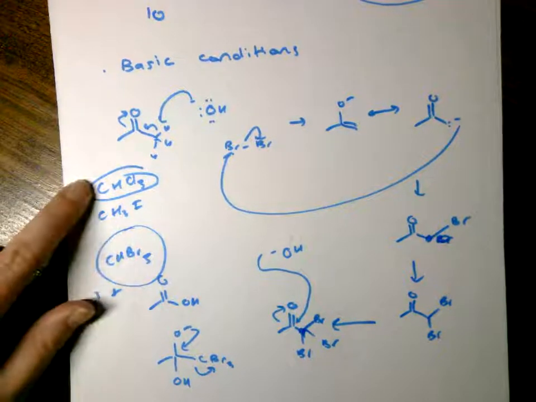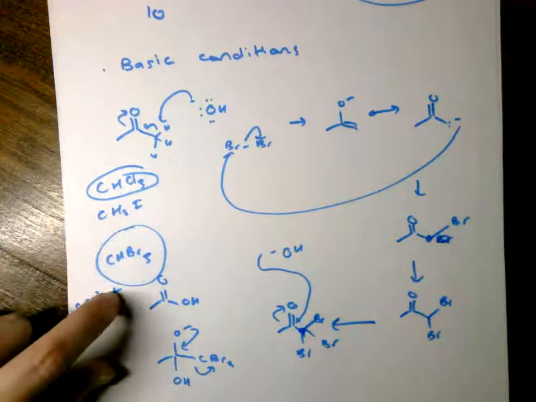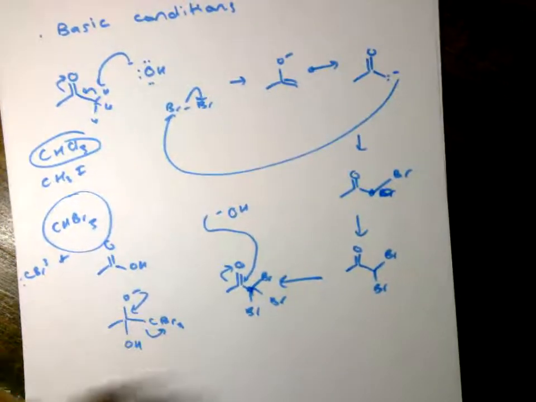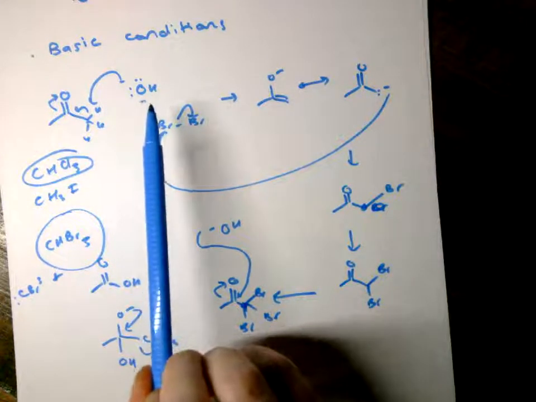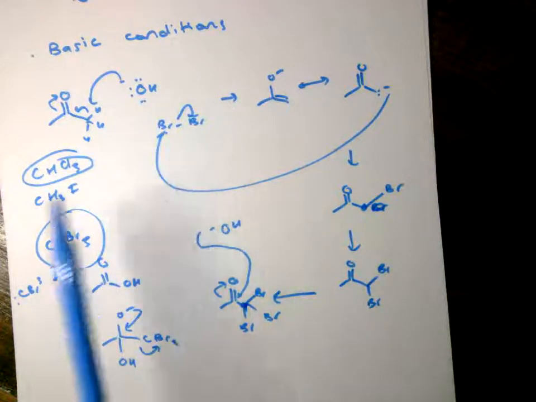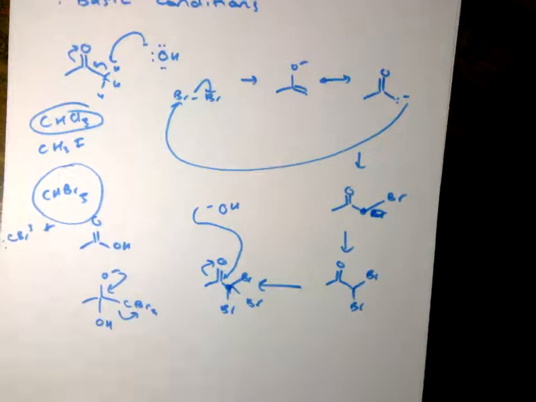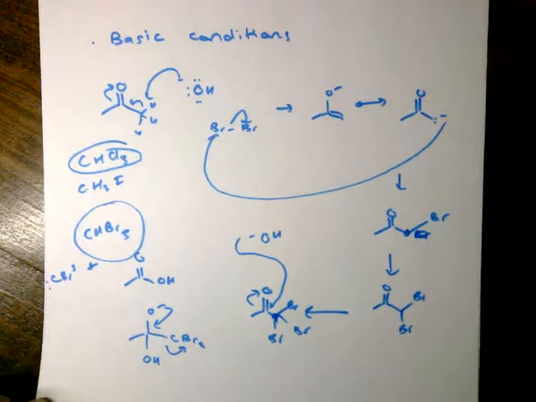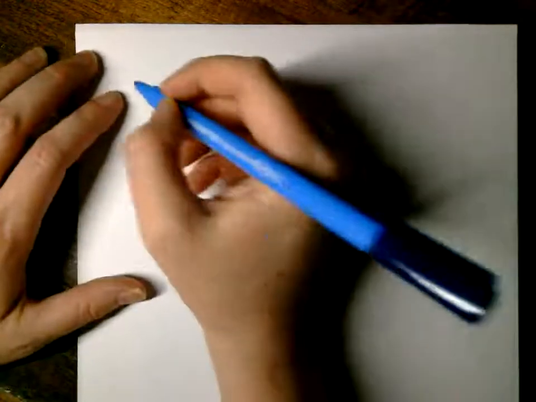So there's bromoform, chloroform, and iodoform, and all of these are CH and then 3 halogens, and they can all be formed by adding sodium hydroxide plus that halogen to your ketone, and it will react over and over to get you a haloform. So that's a base catalyzed alpha halogenation and also a haloform reaction.